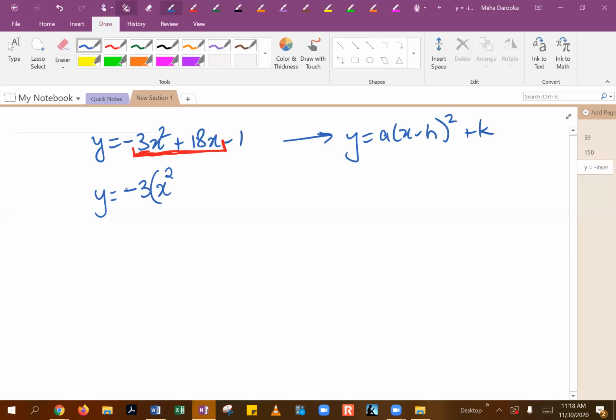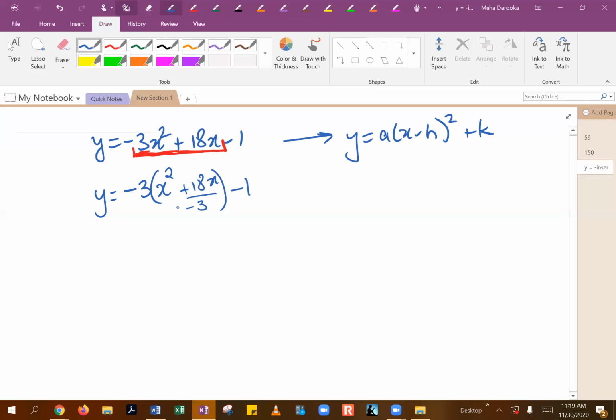Now, you are taking this plus 18x, and since we're taking the -3 outside, that technically means you are dividing this middle term by -3 so that you can bring it outside.